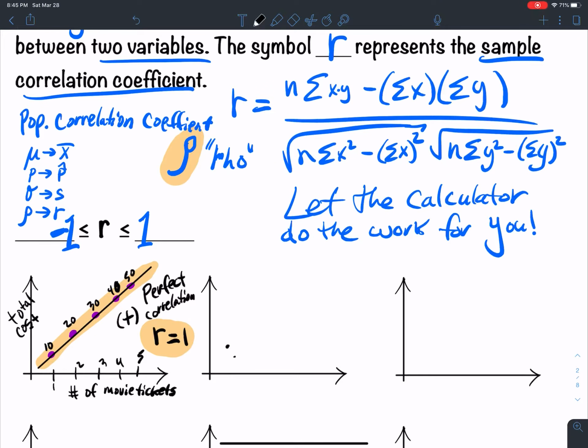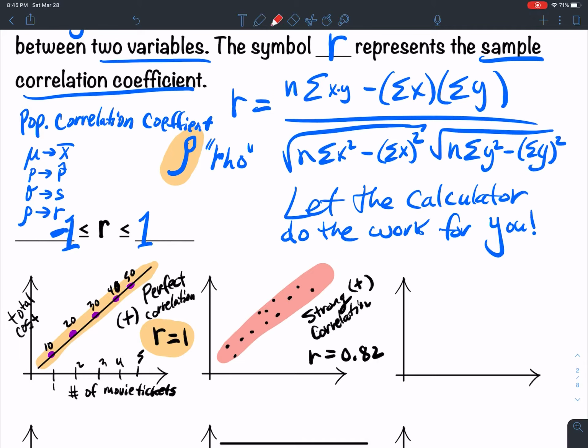Now, maybe it's not perfect, but it looks like it's pretty strong. That would be a strong positive linear correlation. So maybe this is like an R equal to 0.82.